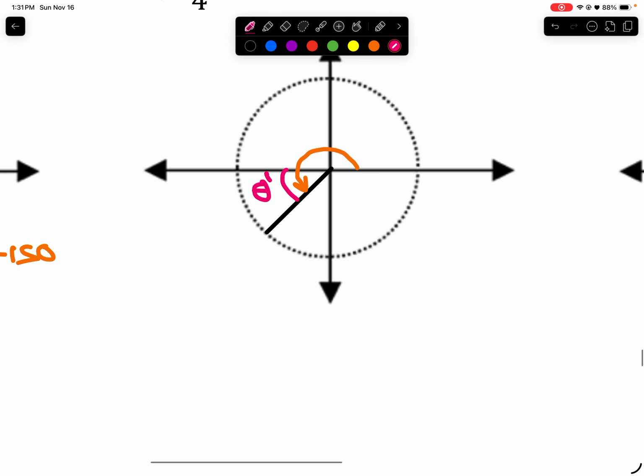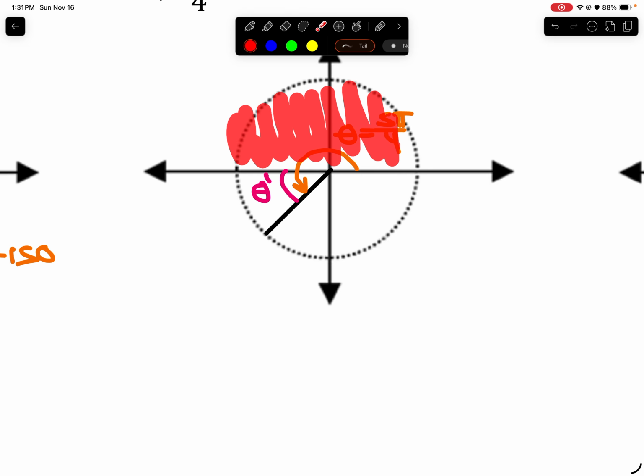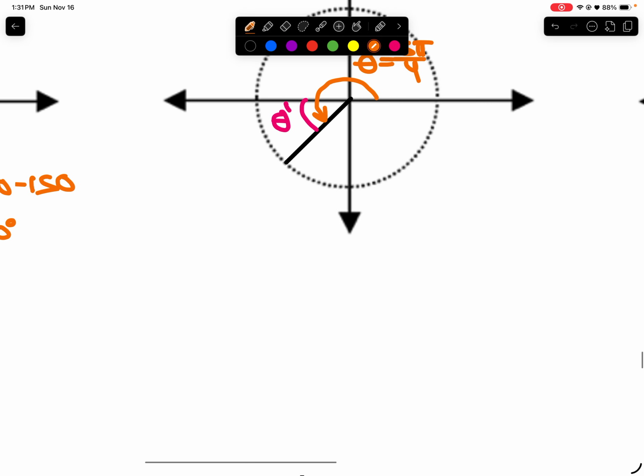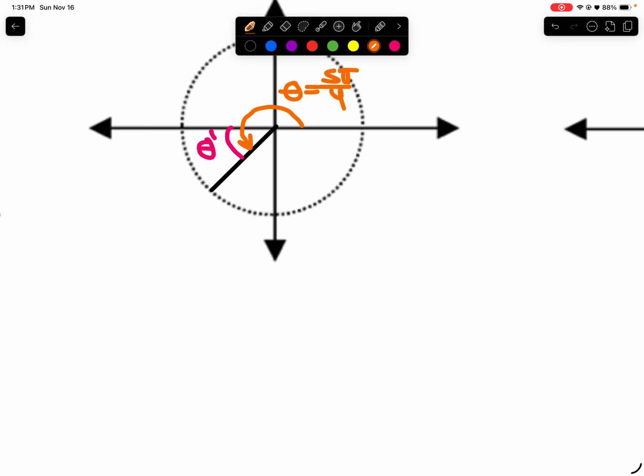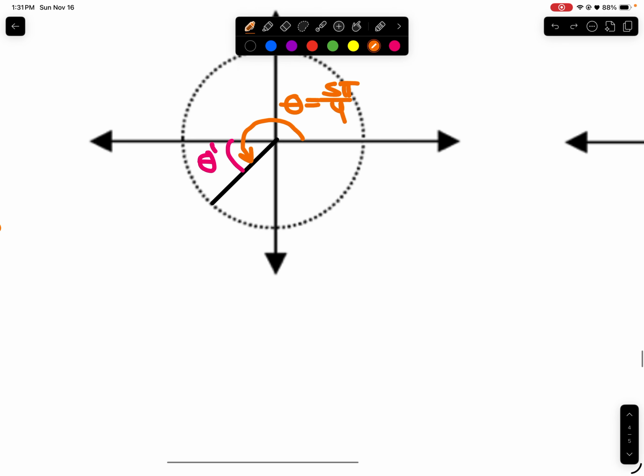So in quadrant 3, in order to find the reference angle here, I'm going to take the full angle that I have, which is 5 pi over 4, and I want to take away the half rotation so that I just have this part left. So if I take away a half rotation, that means I'm taking away pi. So another way you could ask yourself is, how many radians do I need to take away from this angle to get to pi radians?